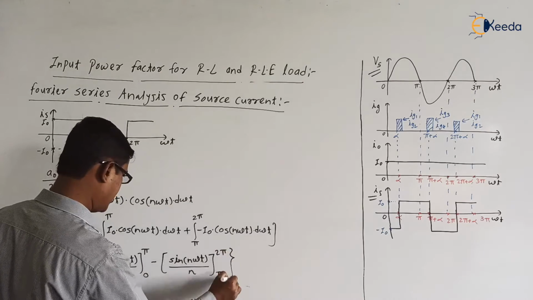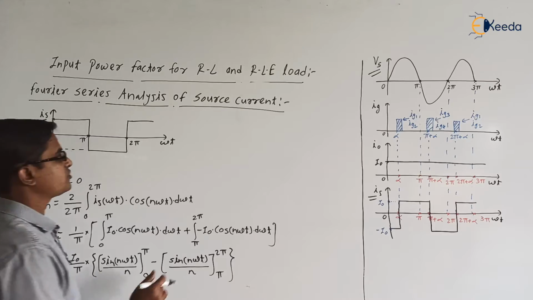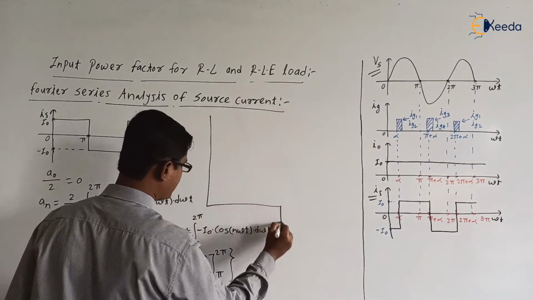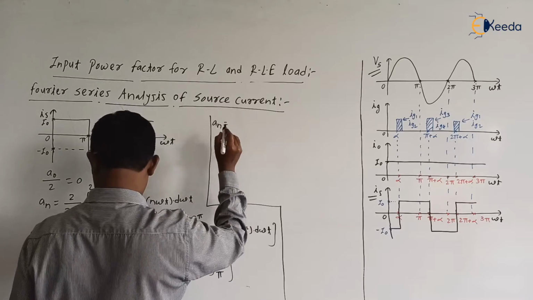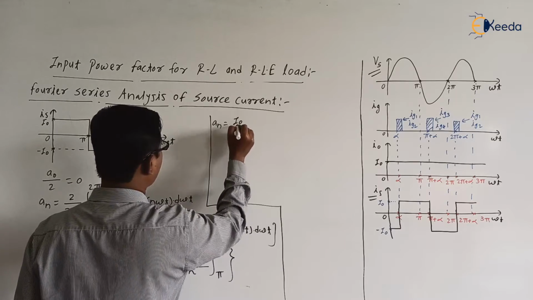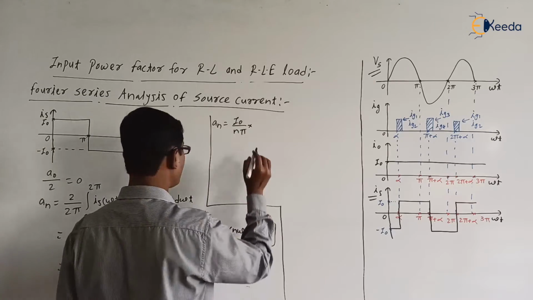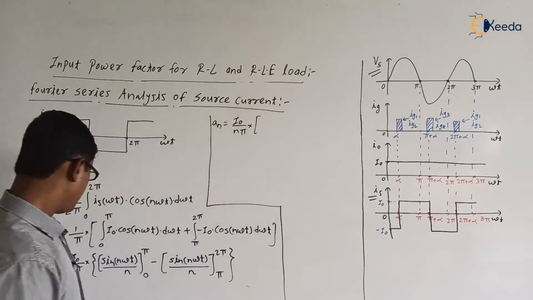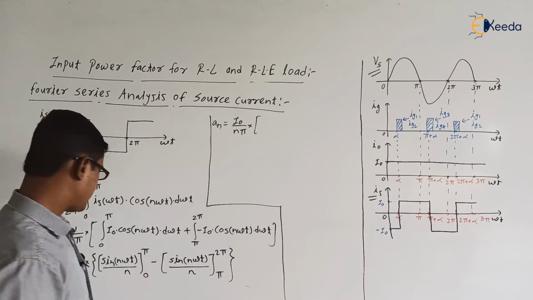Further, can we put the limits? First of all, can we take this n outside? Yes, so we can write it as an is equal to I0 by n pi into sin of n pi minus sin of n into 0.